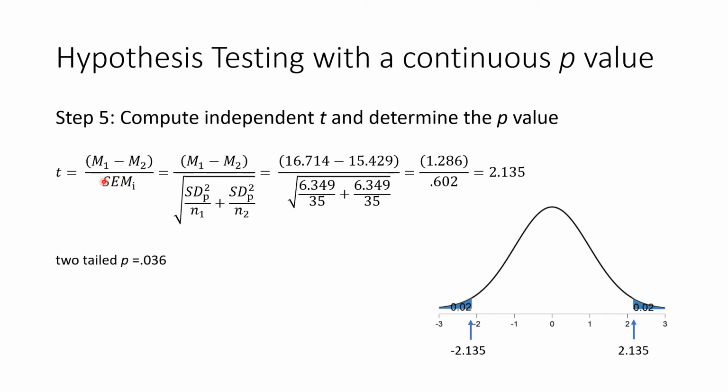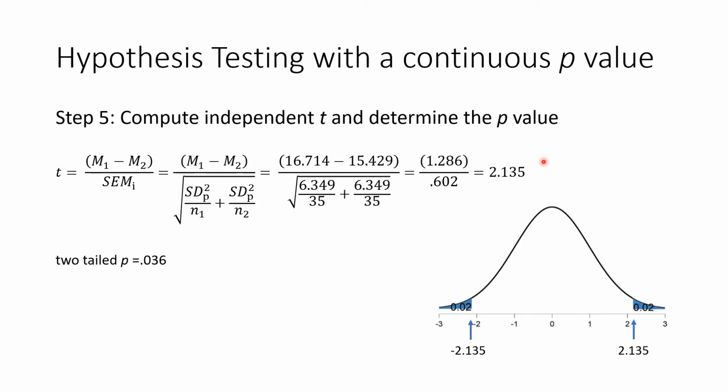The mean difference you would expect just due to sampling error is the denominator. This is the mean difference you have. When you crunch these numbers, here is the actual mean difference, and this is the mean difference we'd expect due to sampling error. You're simply dividing sampling error into the mean difference, and now you find that the t is 2.1.